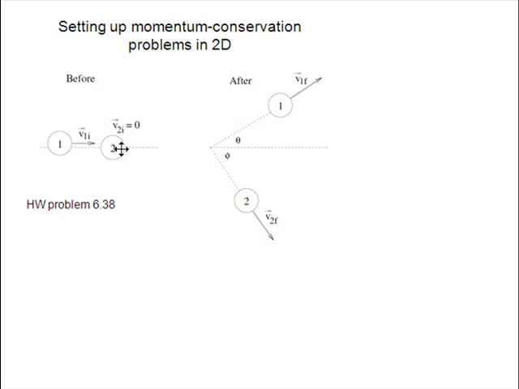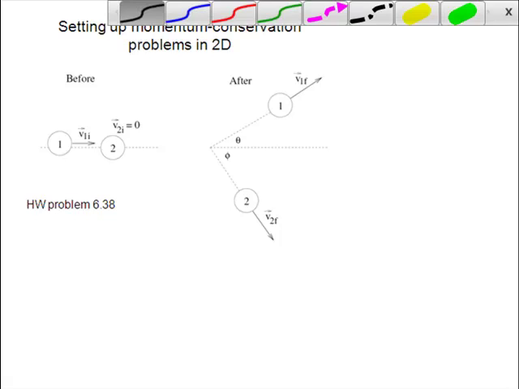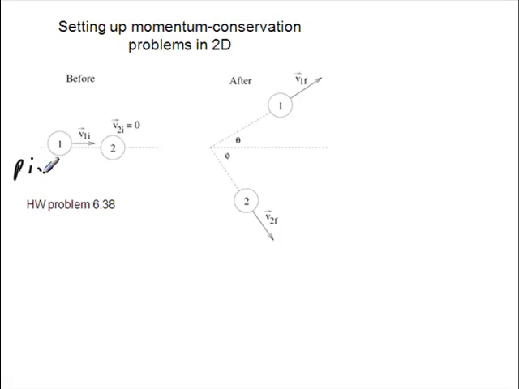Imagine, for example, that we have a 2D conservation of energy and momentum problem, as I have here. And let's suppose that this is a ping pong ball, and this is a tennis ball.